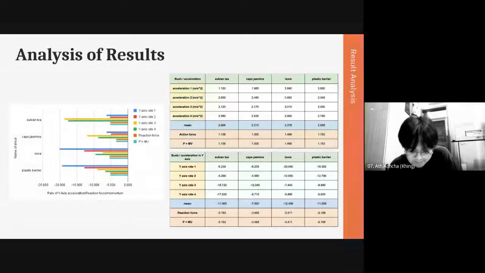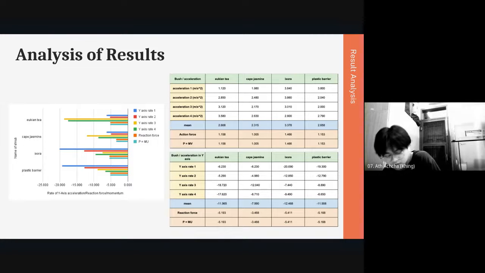So the second slide for the result analysis. This is the result from the first experiment. It represents the force from the experiment of different types of shrub with the height-to-car ratio.